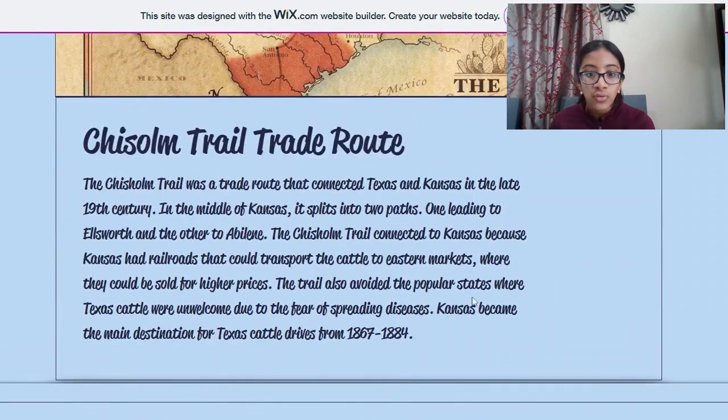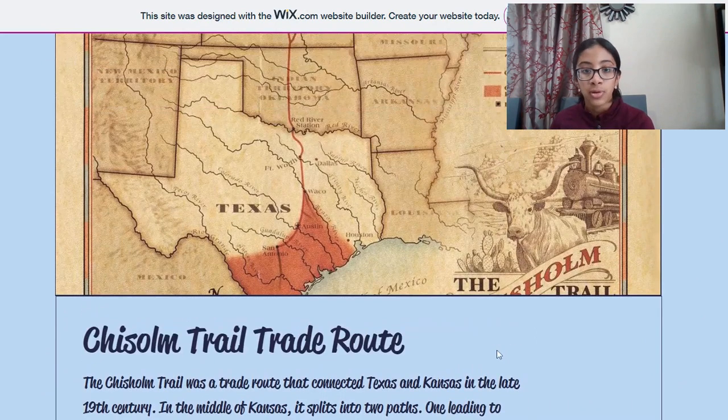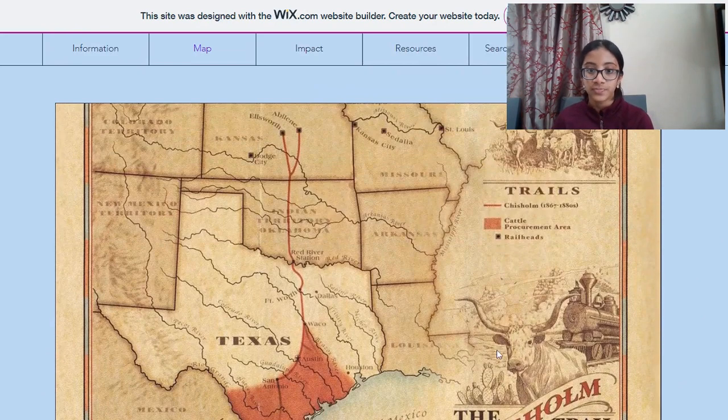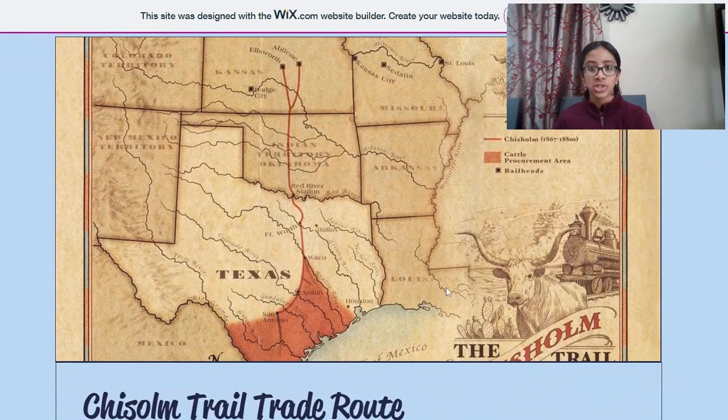The trail also avoided the popular states where the Texas cattle were unwelcome, since people were scared of the spreading of diseases, which they should have been, because later Texas fever happened and it was an entire quarantine situation.